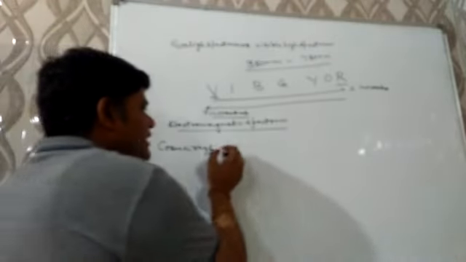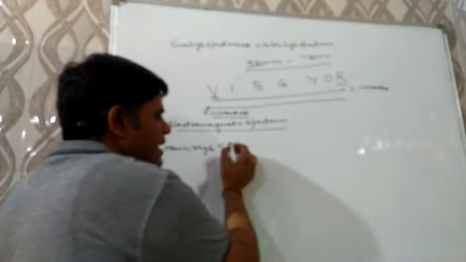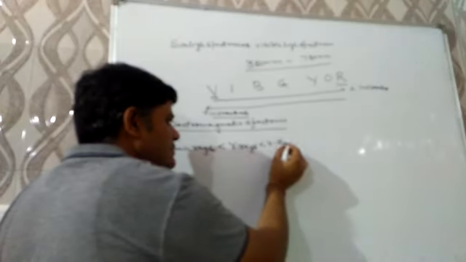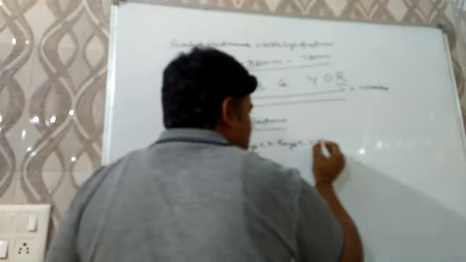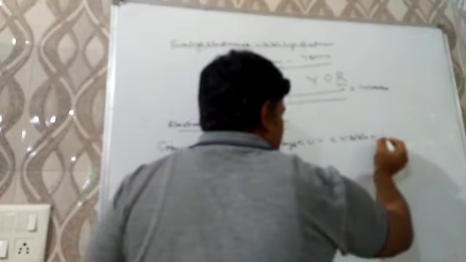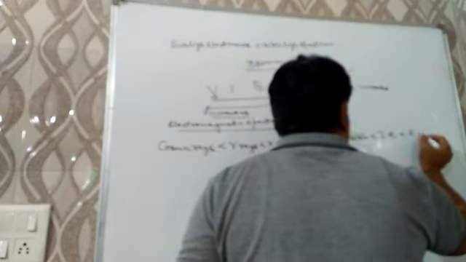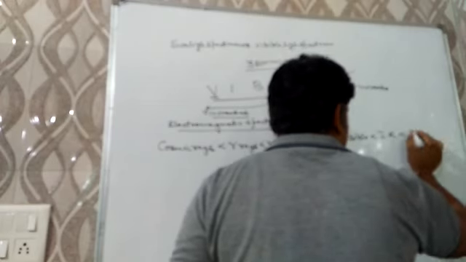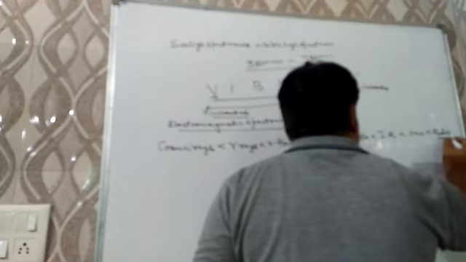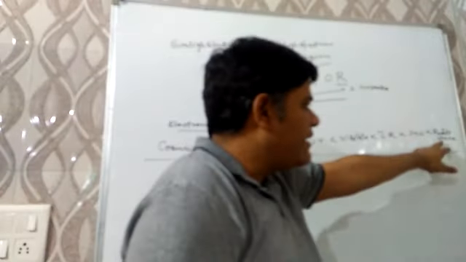Next one is gamma rays, next X-rays, next ultraviolet rays, next visible rays, next infrared rays, next microwave, and finally radio wave. This arrangement is known as the electromagnetic spectrum. It starts from cosmic rays and ends at radio waves.